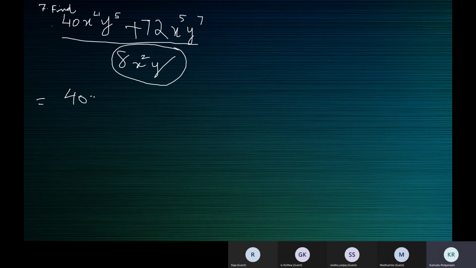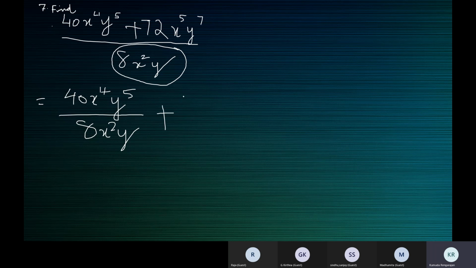You must divide every term in the numerator. So see here, this is the first term in the numerator, divided by the denominator 8x squared y. Then the sign here, plus.